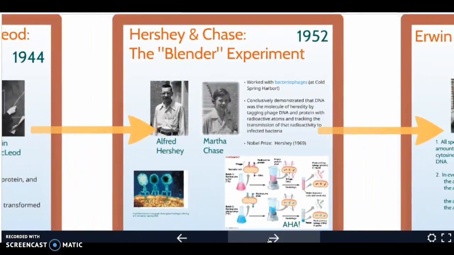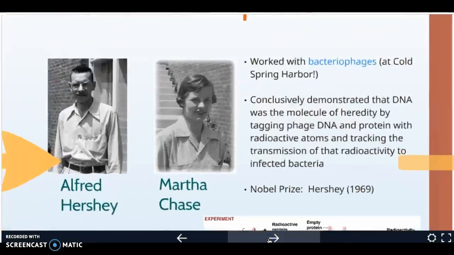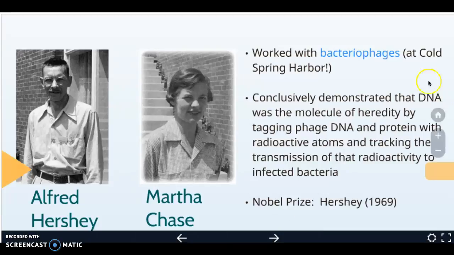Later, that led Hershey and Chase to do what's called the blender experiment and get even further into determining if this DNA, which at the time didn't really have a term, it was just heritable traits or chromosomes, was the component that we expected it to be. Basically, they worked with bacteriophages.